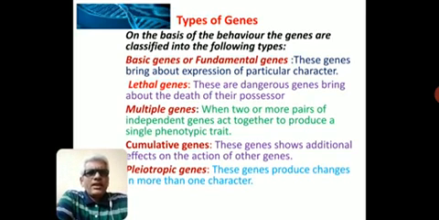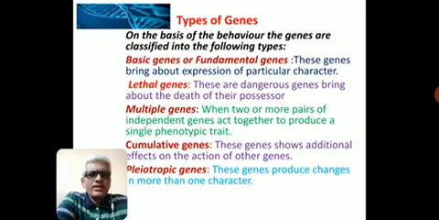One important type is the basic gene. It is also called the fundamental gene because it brings about the expression of a particular character, developing that character in the specific individual. Another type is the lethal gene. These are among the most dangerous genes, which bring about the death of the possessor.